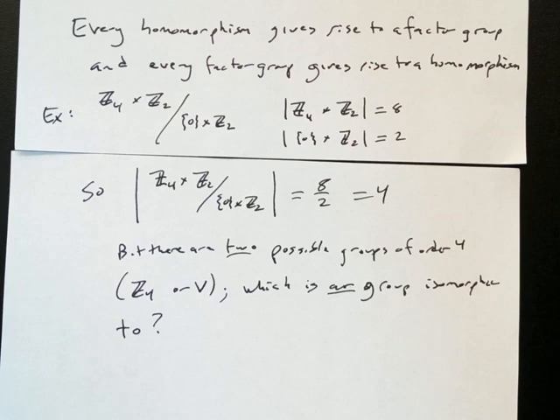I can say, well, if I can figure out some homomorphism where 0 times Z2 is the kernel of that homomorphism, I can figure out what phi of G is. Remember, phi of G is some subgroup of G prime. So if I can figure out what phi of G would look like for the right homomorphism phi, then I can figure out what this group looks like.